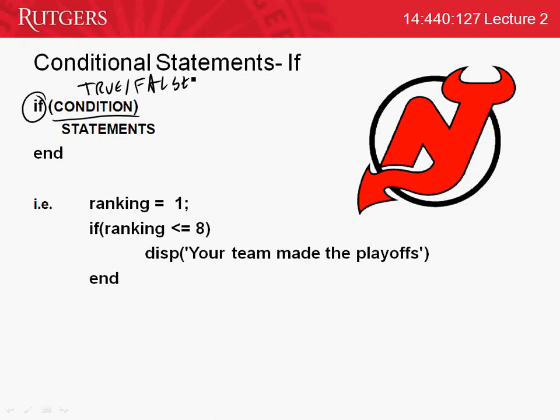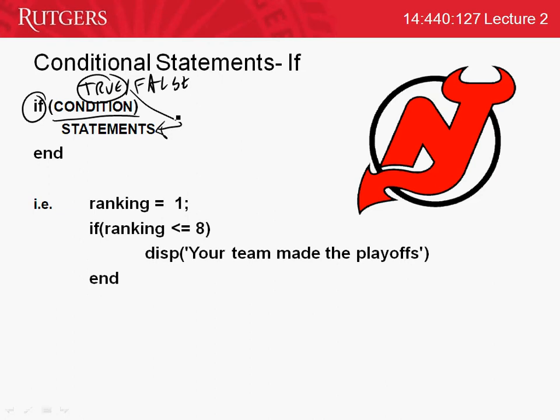If the condition evaluates to true, MATLAB will go and execute whatever these statements are. This can be one or more lines of MATLAB code. However, if the condition evaluates to false, MATLAB doesn't execute those statements. So it just doesn't do anything. So it's basically making a decision. If some condition is true, I'll execute these MATLAB statements. If the condition's false, I'm just going to skip over those lines and pretend they're not there.